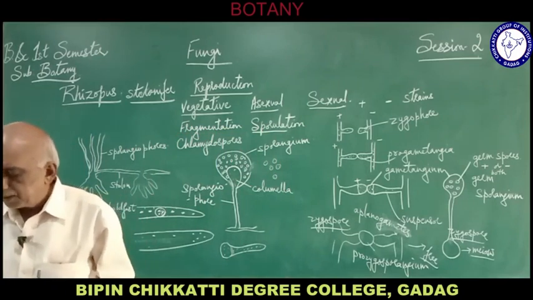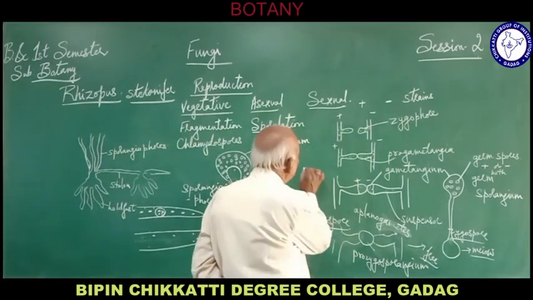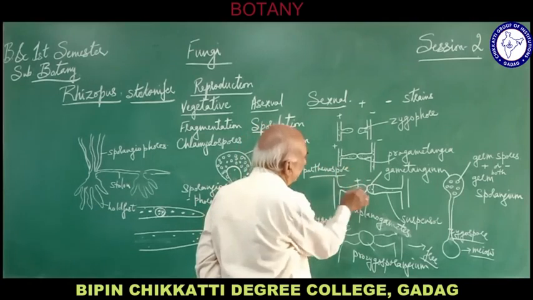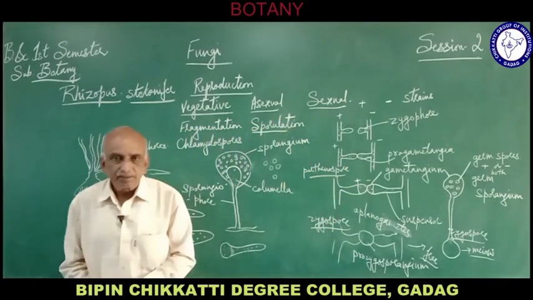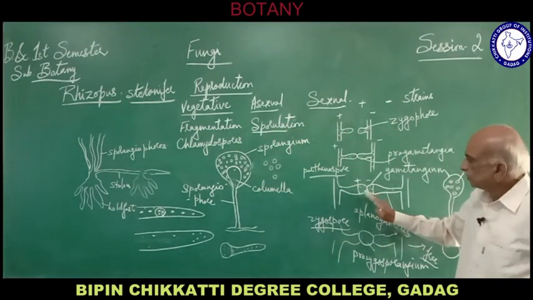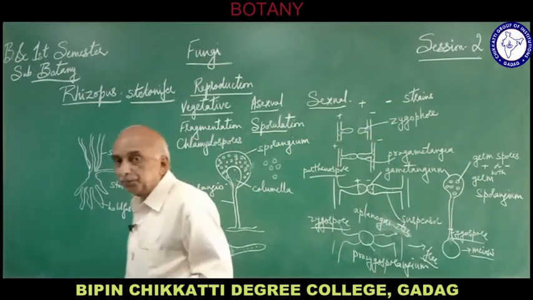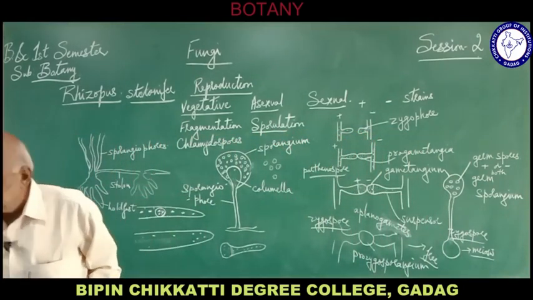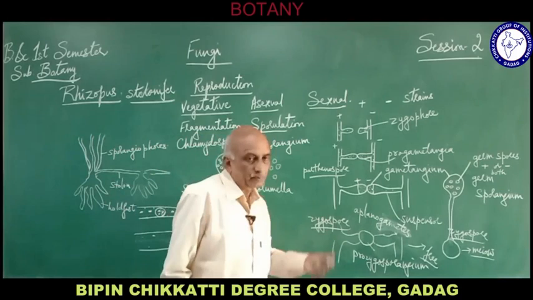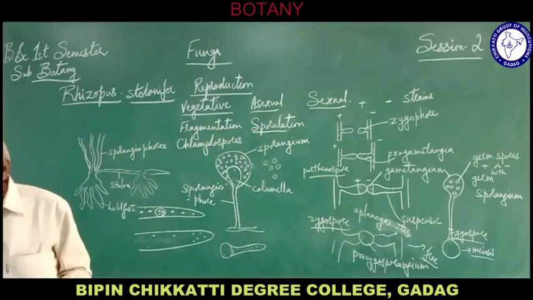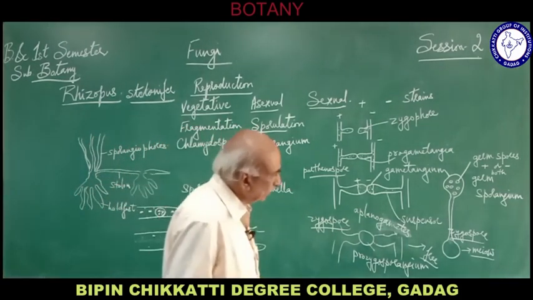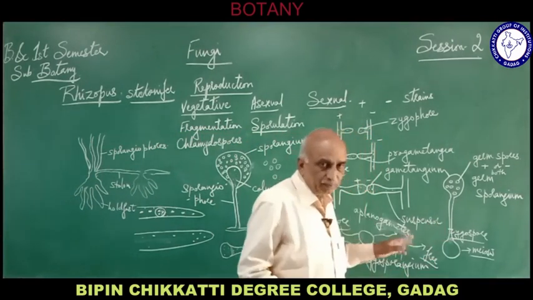Such a gametangium functions like a structure called as parthenospore, means when the gametangia does not fuse with its opposite. Suppose if there are plus and plus type, there is no such kind of fusion. So the gametangia which is unable to fuse forms a structure called as parthenospore, and this parthenospore develops into a thick-walled zygospore. And that thick-walled zygospore is just like another structure called a zygospore, and it will later develop into a new mycelium.